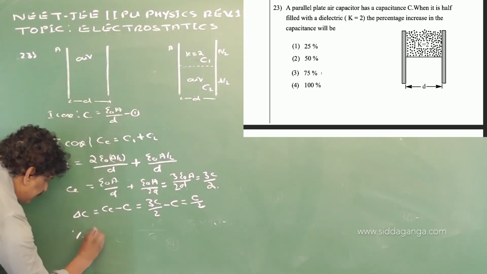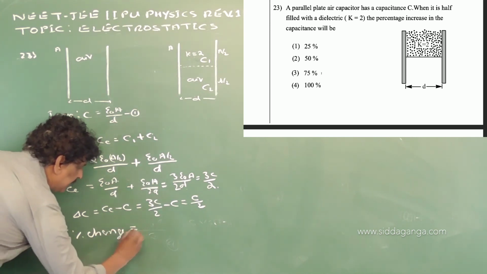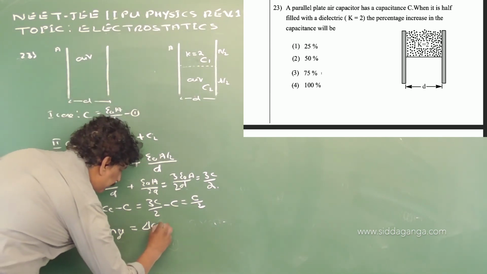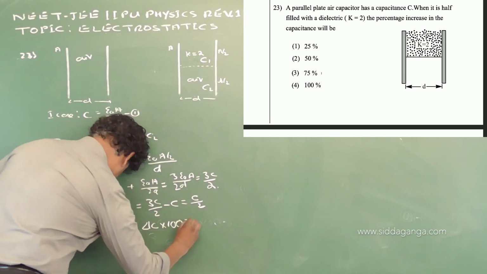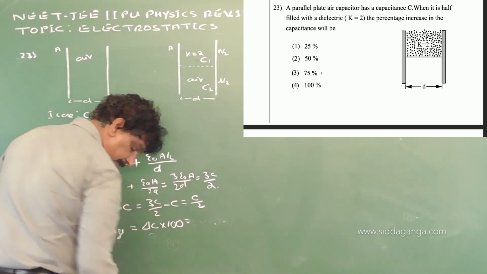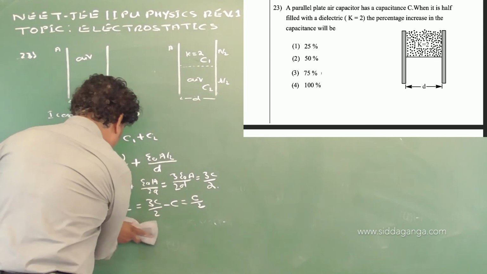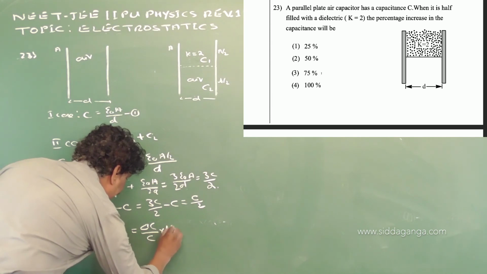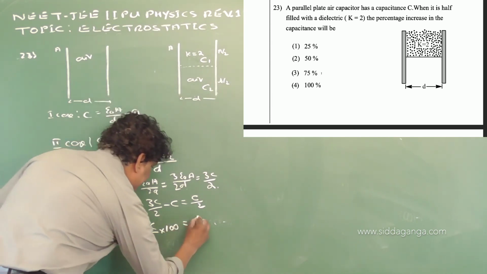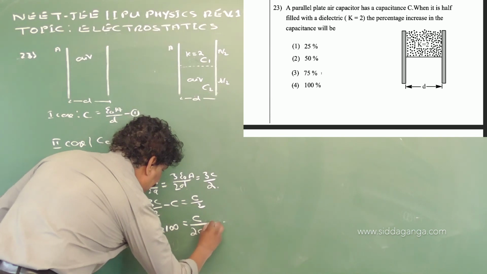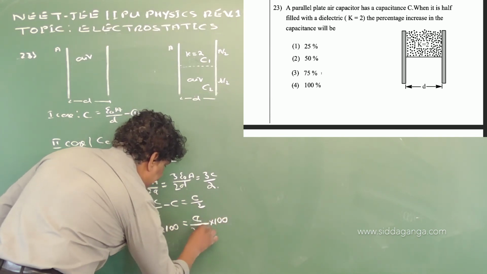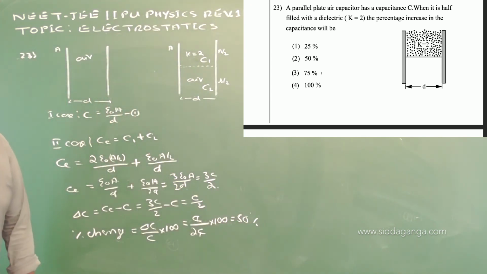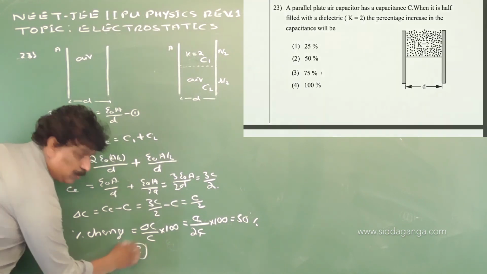Now, percentage change in capacitance is equal to delta C by C into 100, that is equal to C by 2C into 100, the C's get cancelled, that is equal to 50%. So the option is 2. 2 is the right option.